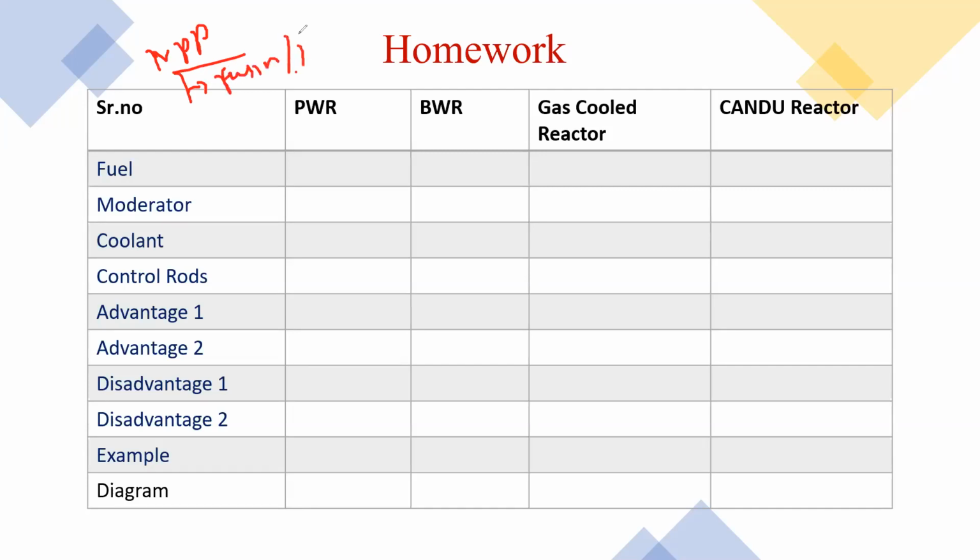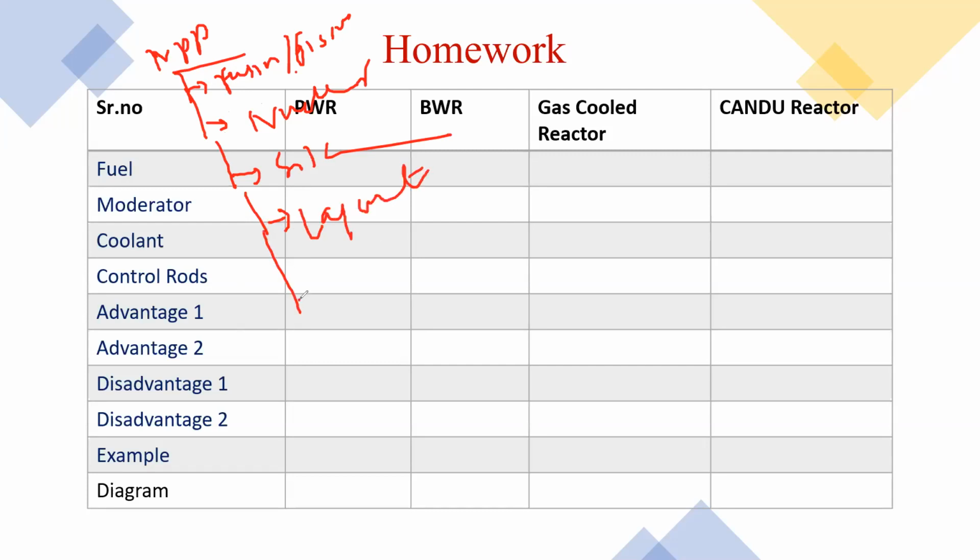After that we completed nuclear chain reactions and nuclear fusion reactions. Then we completed site selection. After completion of site selection, we saw the layout diagram of a nuclear power plant. After completion of the layout diagram, we see the types of reactor.